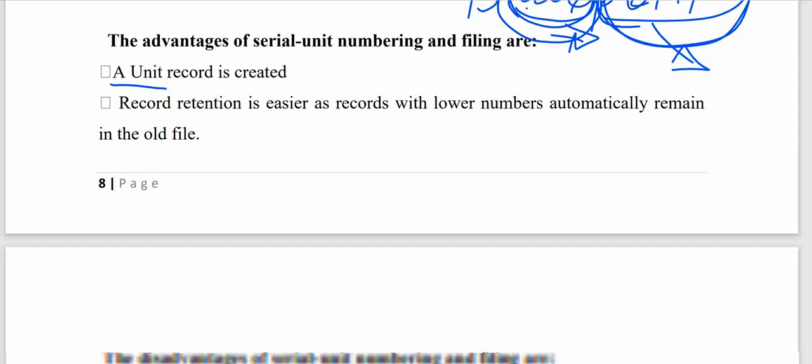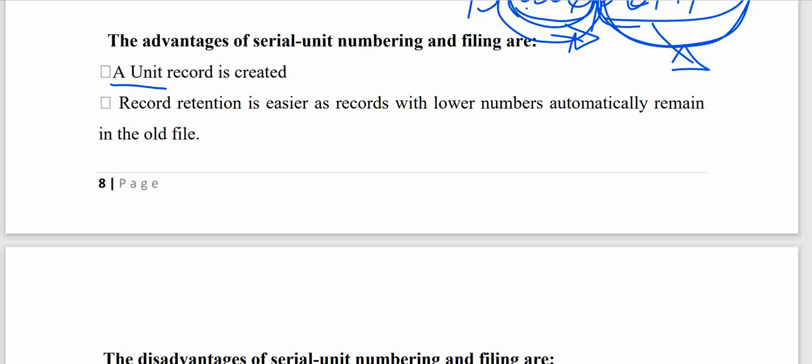Okay, so number two, record retention is easier as records with the lower numbers automatically remain in the what? In the old files. So basically, retention is the movement of records from active to inactive file area, or finally, or eventually to what?